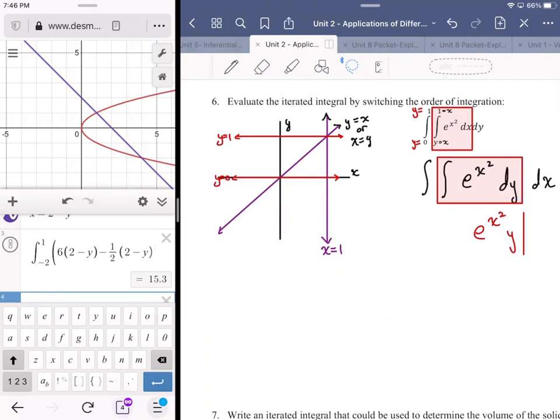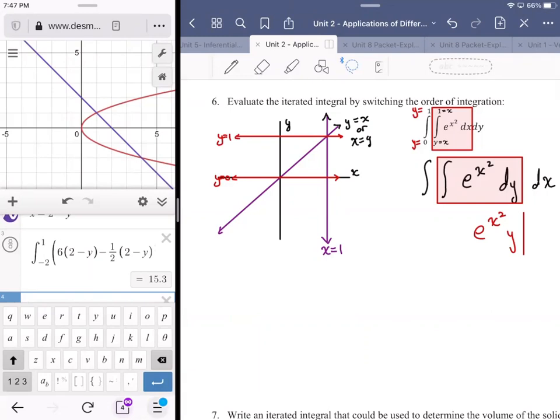They're saying go from the diagonal line in terms of x. Go from the diagonal line to the vertical line, x equals 1. Right. So x movements.